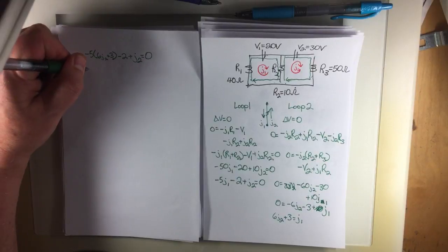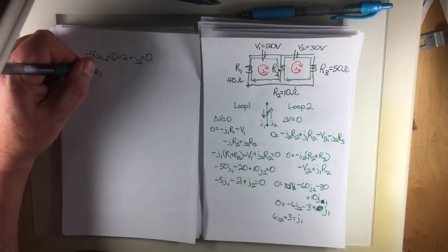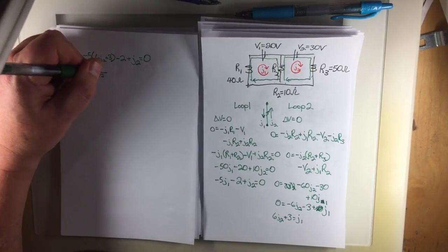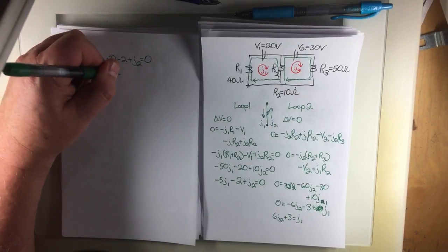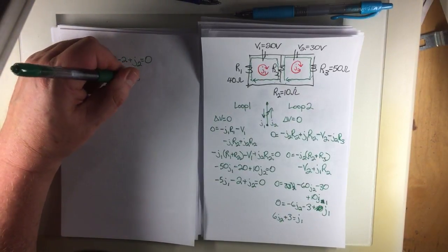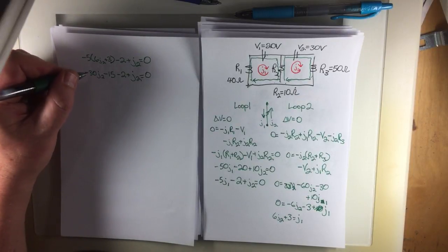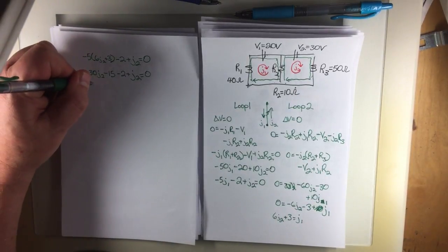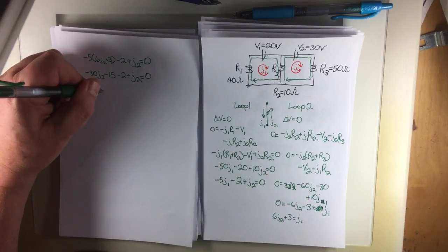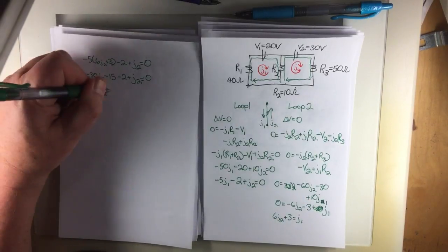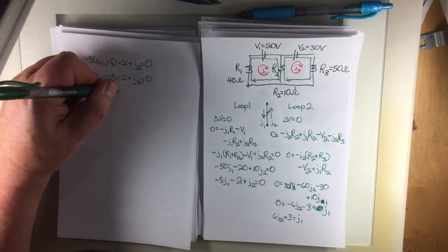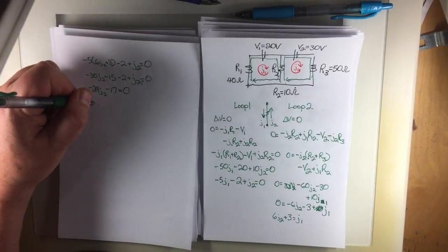Now solve for J2. Minus 30 J2 minus 15 minus 2 plus J2 is equal to 0. Minus 30 J2 plus J2 is minus 29 J2. Minus 15 minus 2 is minus 17, equal to 0.